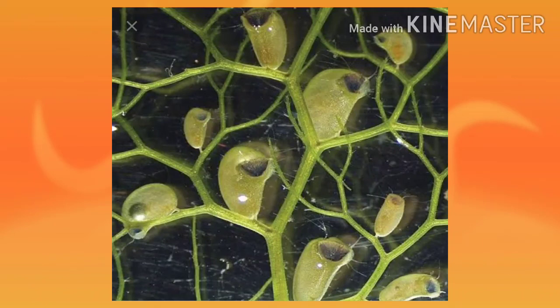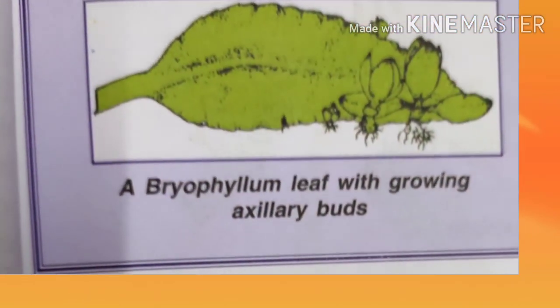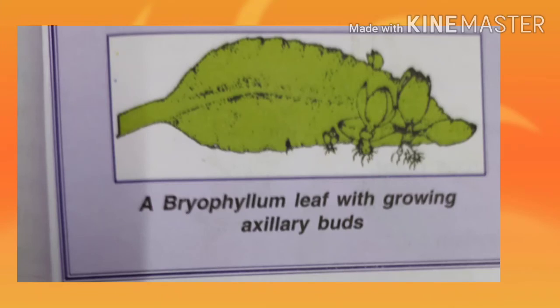Next is vegetative propagation in leaf. Normally plants increase their population by the help of seeds which are formed in fruits, but often new plants may also be produced from other parts of the plant. Other parts means other vegetative parts of the plant, such as roots, stem and leaves.